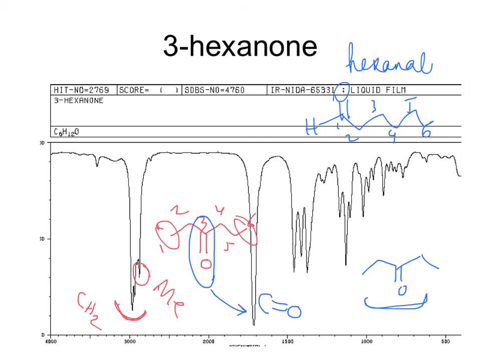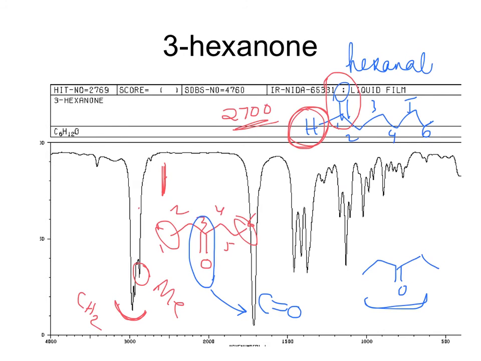The C double bond O is going to be at a slightly higher wave number for the case of the aldehyde. The CH, that's the more important one. The CH of the aldehyde shows up at around 2700 or so.